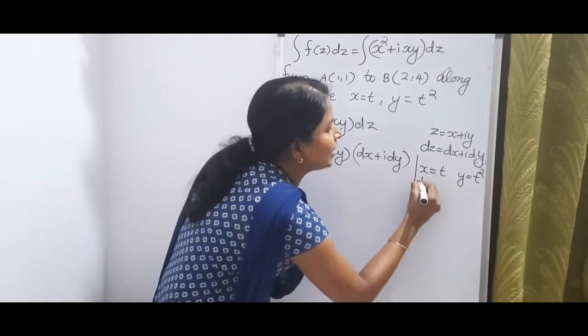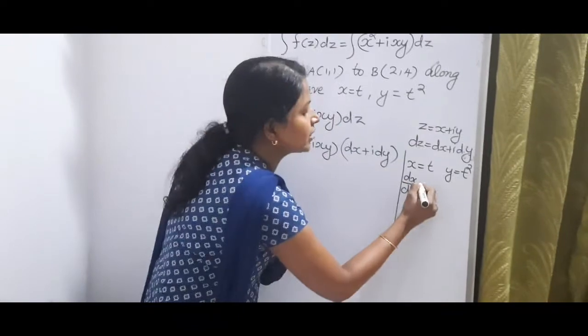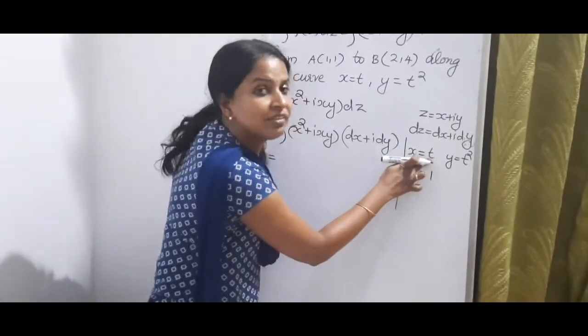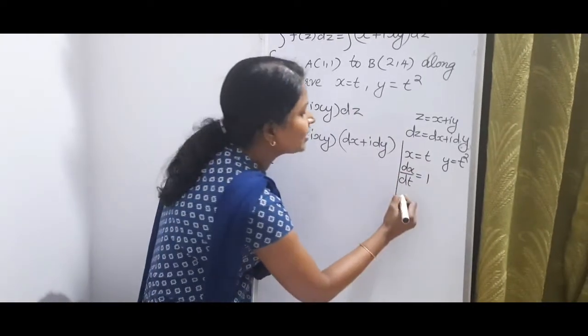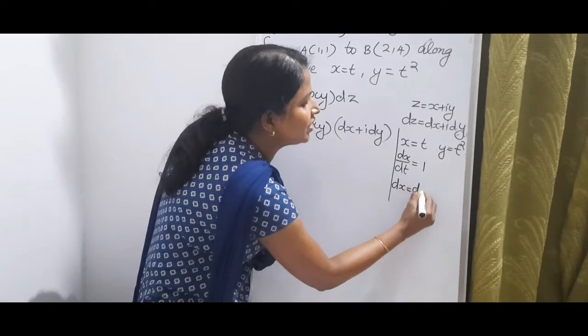What is dx by dt? Differentiating x with respect to t, dx by dt is 1, the derivative of t with respect to t. That is dx equal to 1 into dt, that is dt.